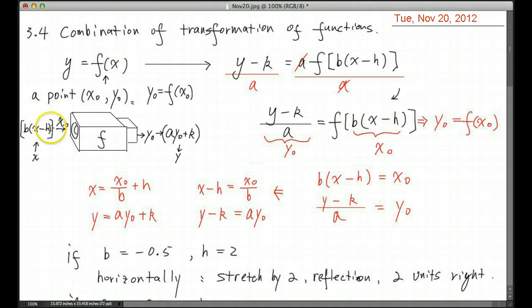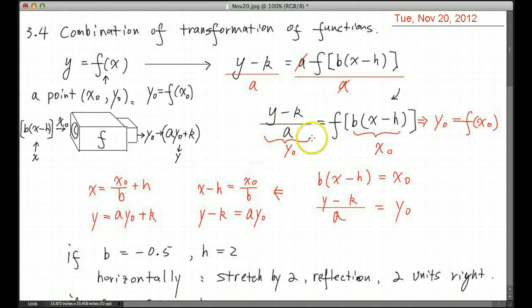If I can make this, after the operation, into x0, then it should still produce the same y0. Then if you feed y0 to another component, you can eventually convert it to y.